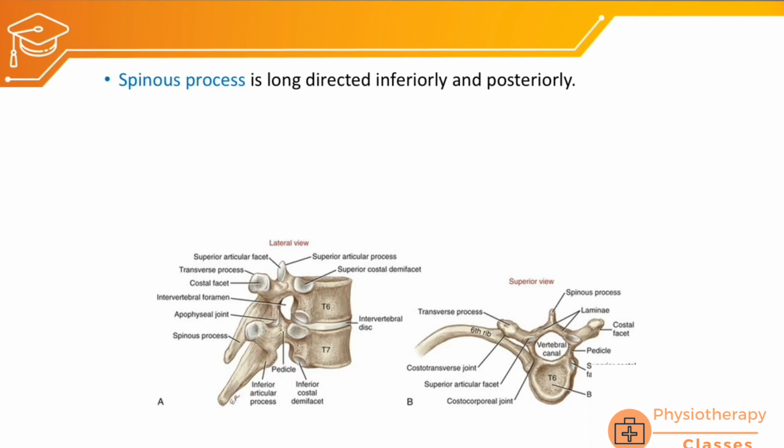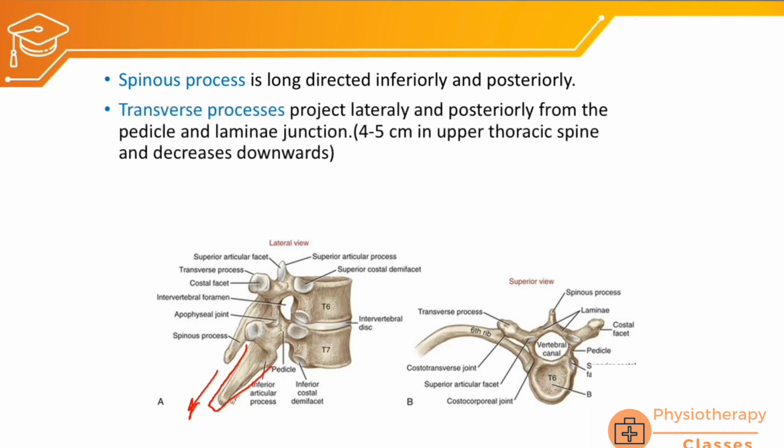The spinous process is long, directed inferiorly and posteriorly. You can see the spinous process is long and directed inferiorly and posteriorly. Transverse processes project laterally and posteriorly from the pedicle and lamina junction. It is about 4 to 5 centimeters in the upper thoracic spine and decreases as it moves downward.